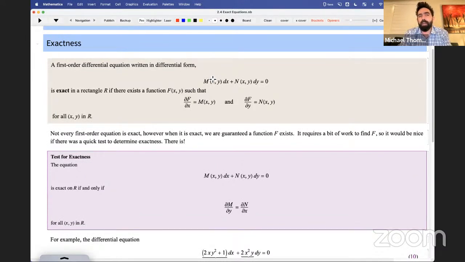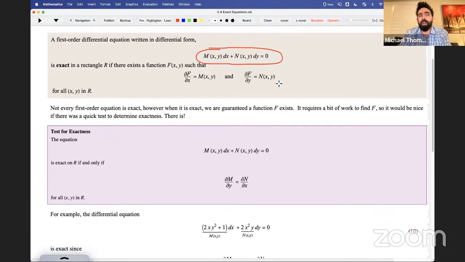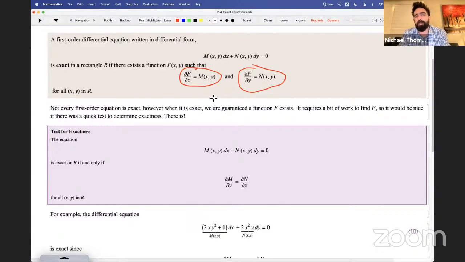If you have a differential equation written in total differential form, or just differential form, we say that it's exact if there exists a function f so that the partial of f with respect to x equals M and the partial of f with respect to y equals N. That's what it means to be an exact differential equation.